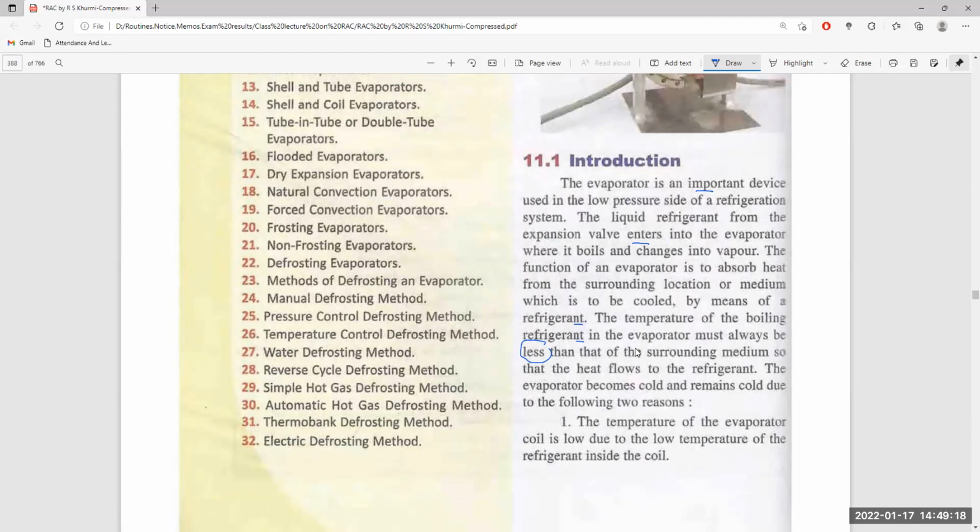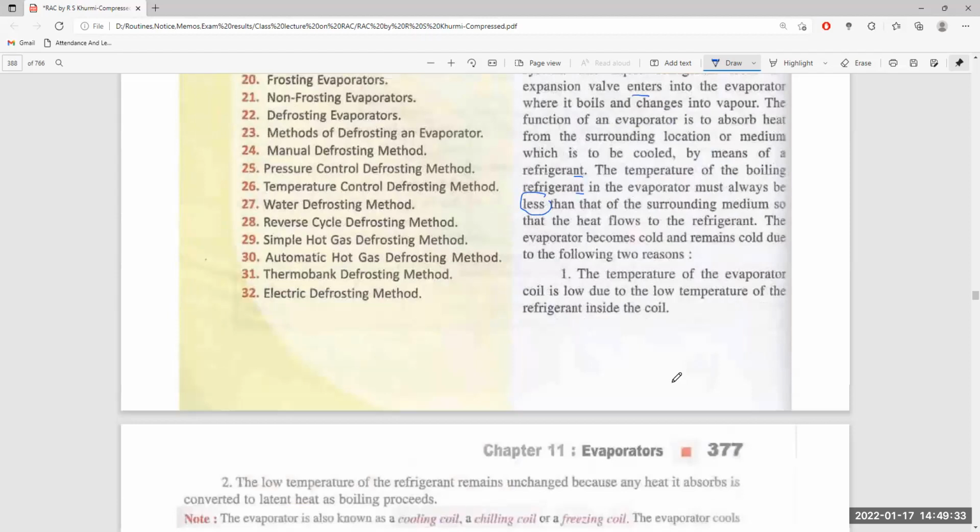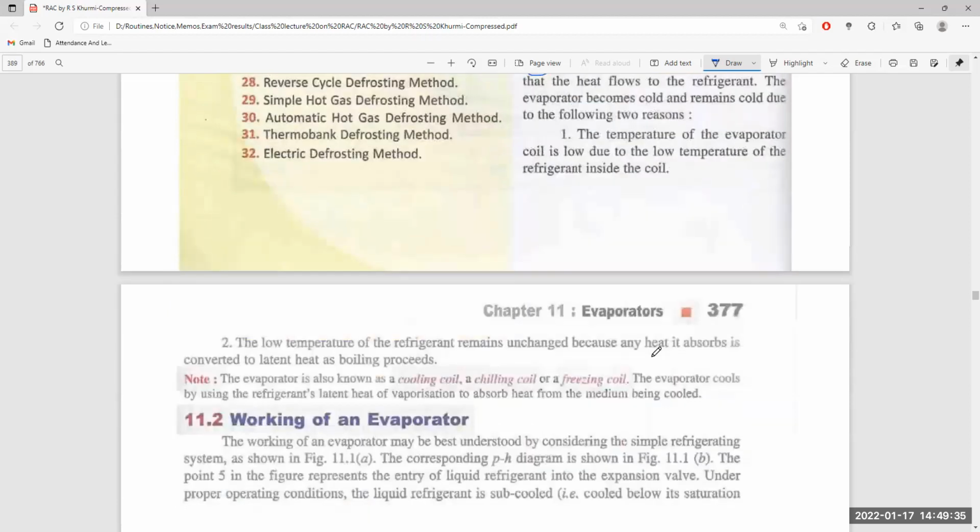The evaporator becomes cold and remains cold due to the following two reasons. First, the temperature of the evaporator coil is low due to the low temperature of the refrigerant inside the coil, which makes the inside of the evaporator cold. Second, the low temperature of the refrigerant remains unchanged because any heat it absorbs is converted to latent heat at the boiling state.